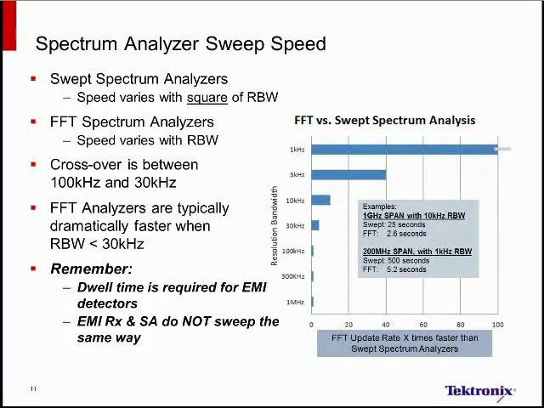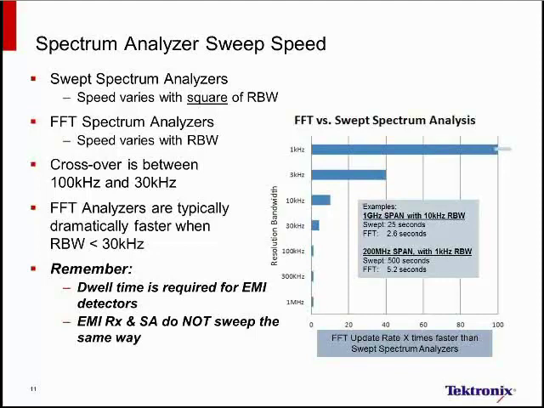When we're considering spectrum analyzer sweep speed, there's a large difference between a swept-tuned spectrum analyzer and an FFT analyzer. In general, FFT analyzers will be faster than swept-tuned spectrum analyzers when we're looking at resolution bandwidths below 30 kilohertz. If we have resolution bandwidths above 30 kilohertz, then typically swept analyzers are faster.